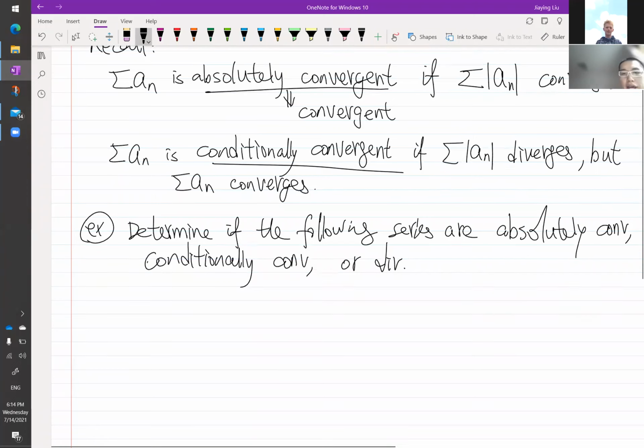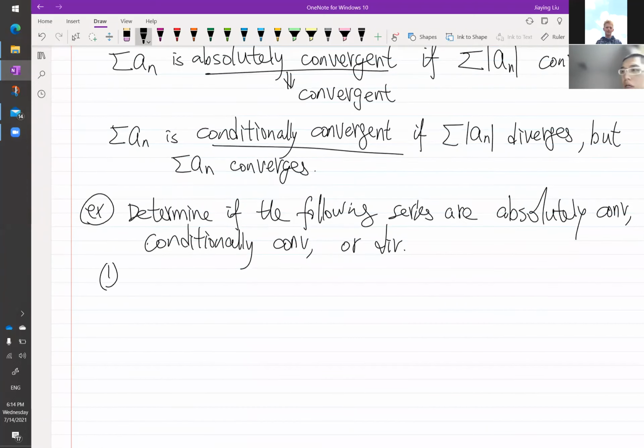So the first example I have is the series from n equals 1 to infinity of (-1)^n divided by the cube root of n. So that's the series given.